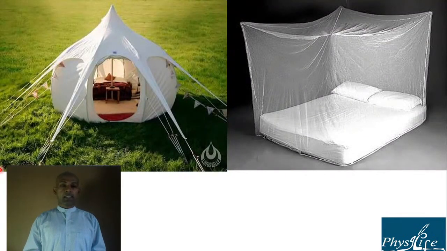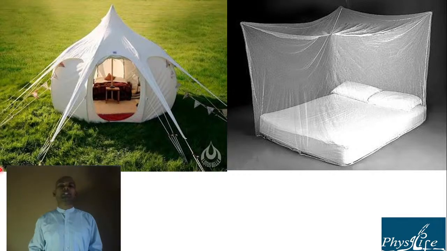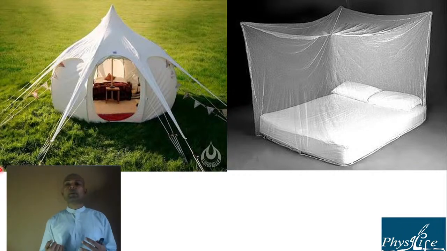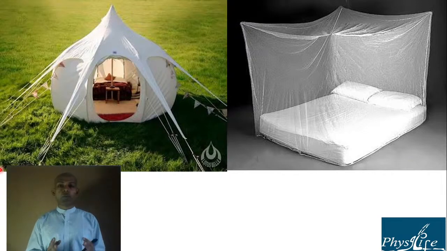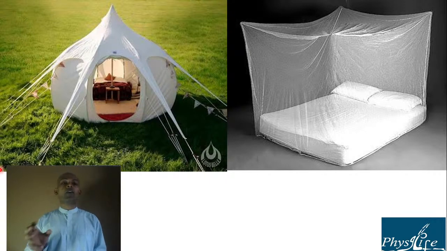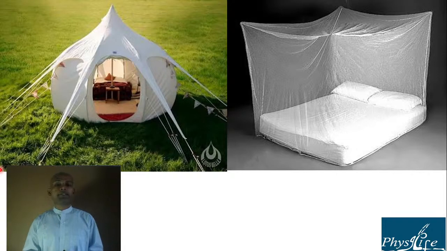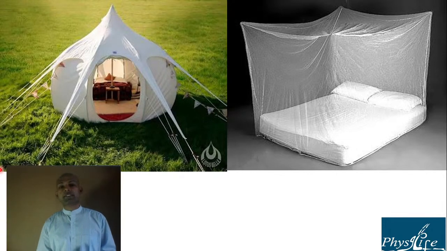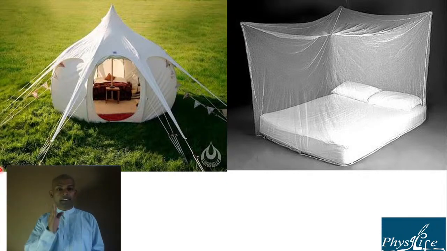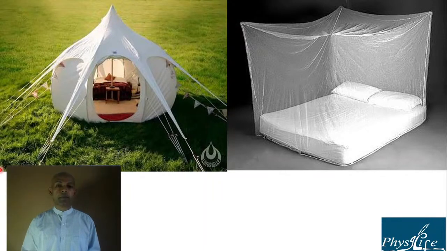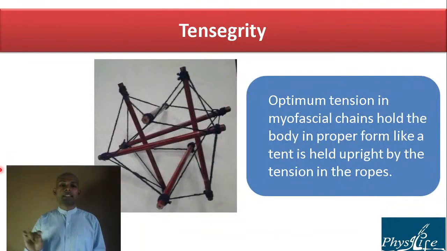Now, to maintain the posture, to maintain normal structure, what we need is optimum tension in all directions of the fascia. If you see the standard textbooks, they will give you this left hand side tent example, that in our body the bones are like the tent. By the way, in our previous picture, the pencils were representing the bones in three axes.